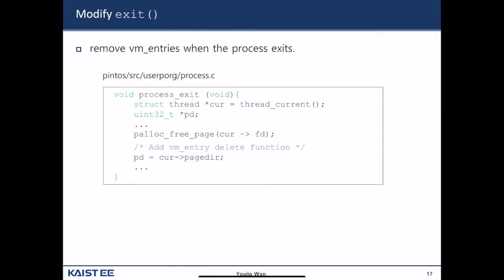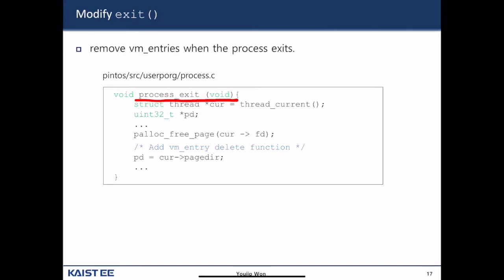And when a process exits, you have to deallocate the VM entries, and you also have to deallocate the hash table. When a process exits, the operating system deallocates the page table in Pintos.